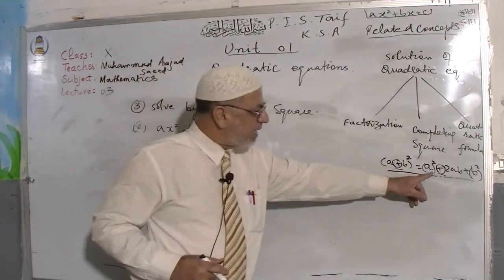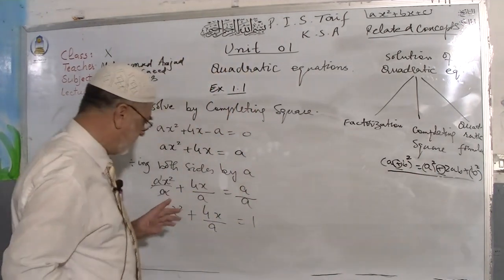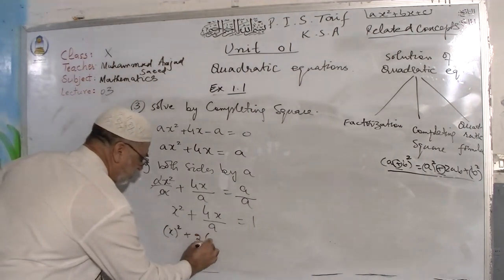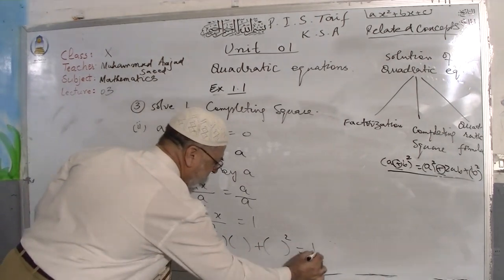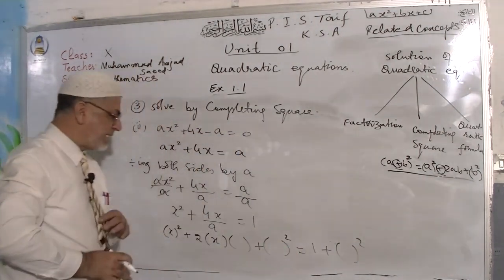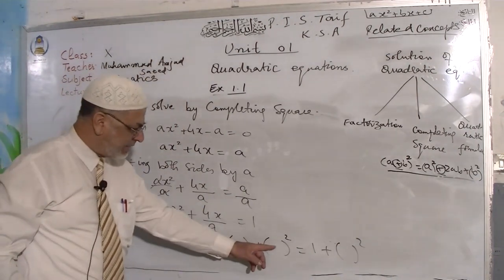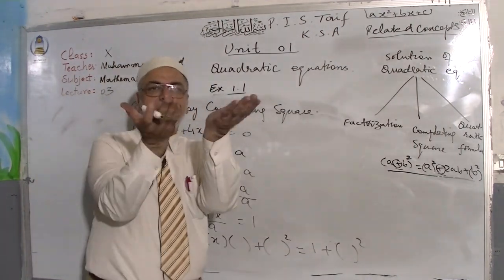By this formula, right hand side, you are given and you have to move to the left hand side. Here is x whole square plus 2 into first into second plus second square is equal to 1 plus second square. Basically, I told you that this term is missing. Whenever you are having this term, you have to add this on the right hand side also, so as to balance the equation.